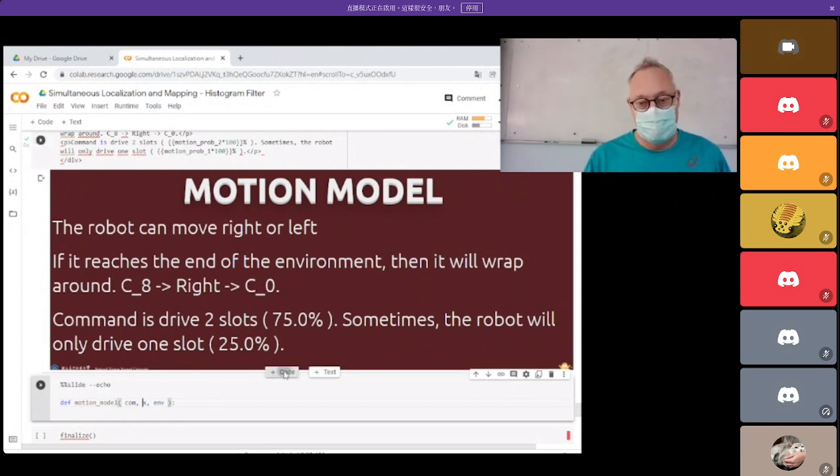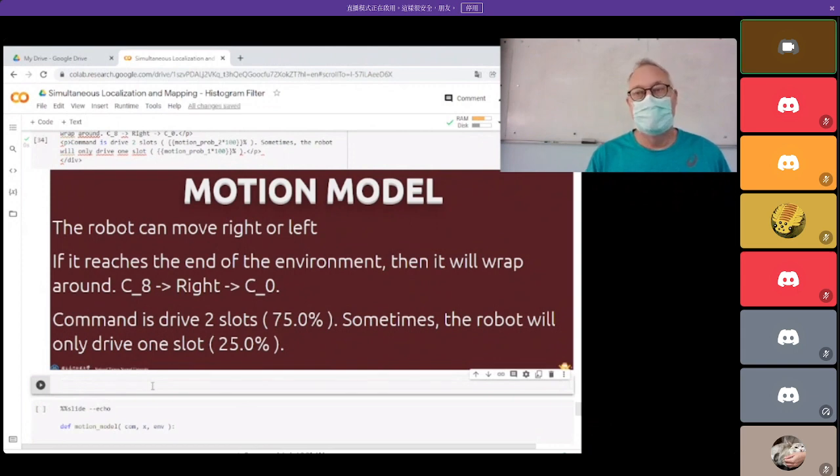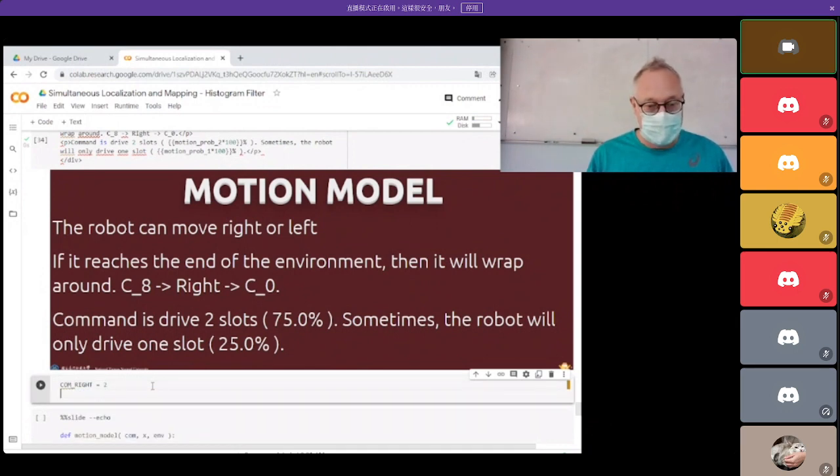So to make that more generic and so that we can change it easily in the future, I can define the commands. So my command right is equal to 2, and the command to go left is equal to -2. Then it matches the displacement that I target.